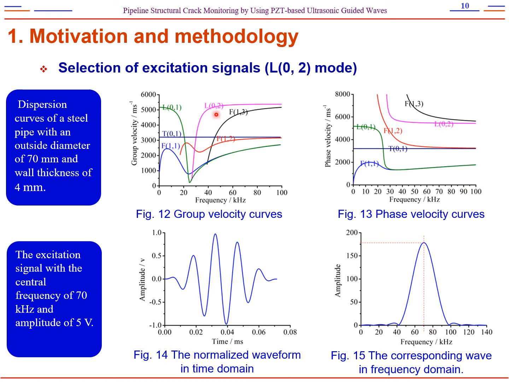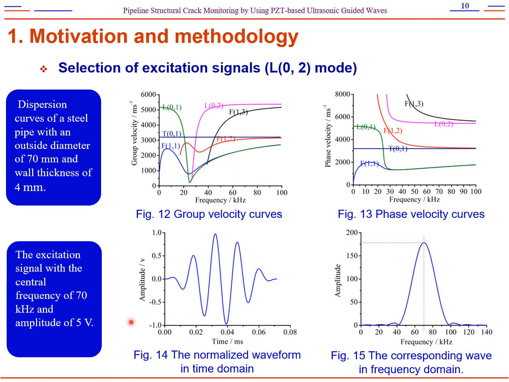Second, the dispersion curve is weak, which means the velocity has a small change in the range from 40 kHz to 100 kHz. Therefore, L02 mode with the central frequency of 70 kHz is used in this paper.